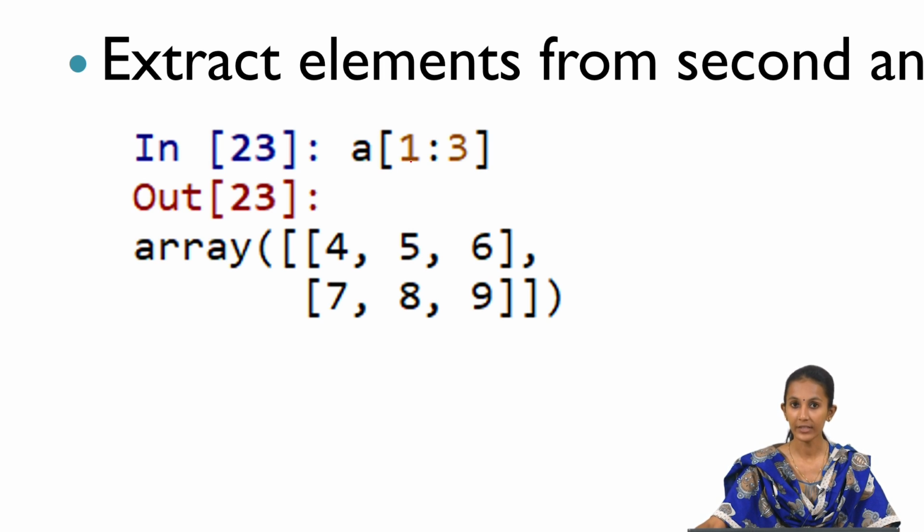I am starting with index number 1, colon, 3, because in Python indexing starts from 0 to n minus 1. We have specified till 3, so it is 3 minus 1. It returns the values for index numbers 1 and 2. We have got an output of 4, 5, 6, 7, 8, 9.